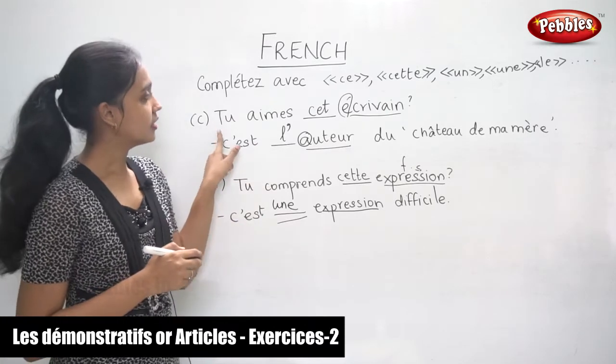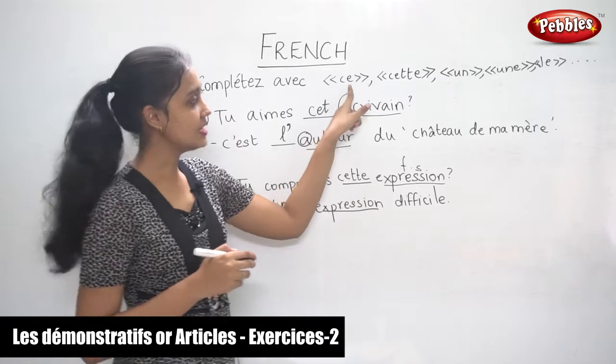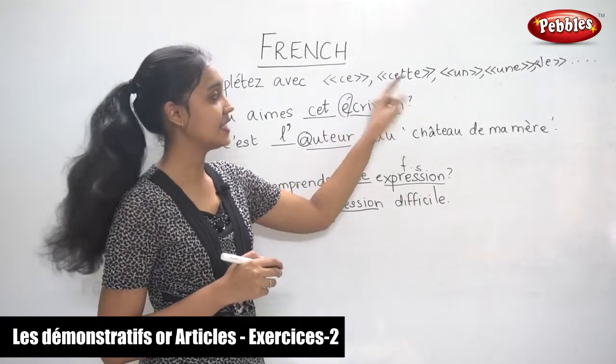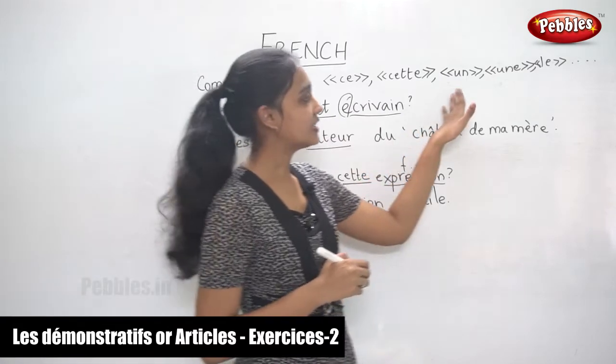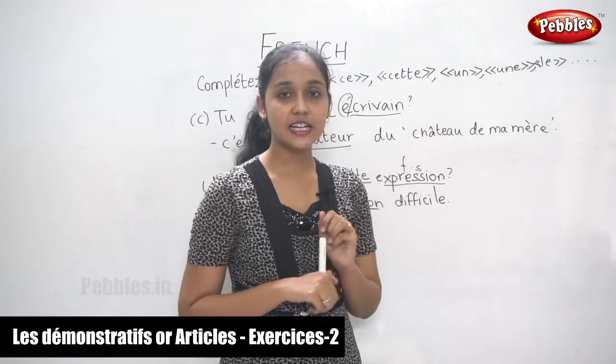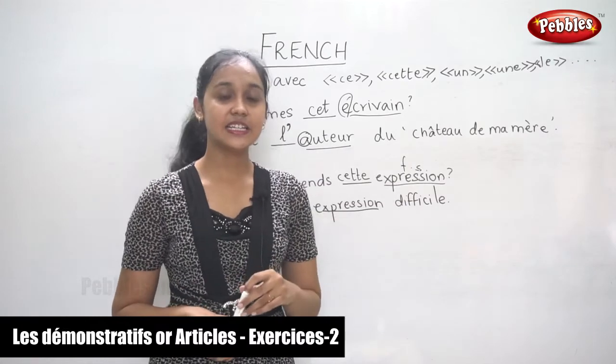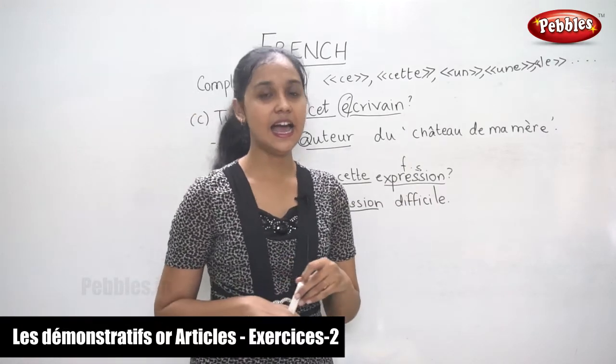So the demonstratives are ce, cet, cette, and ces, and the indefinite articles are un, une, and des, and the definite articles are le, la, and les.